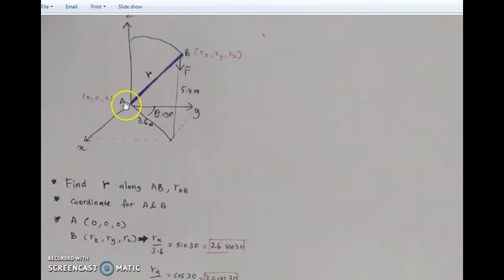What is the coordinate for Y? And then it meets here, the point, and going up to define the coordinate of B, which is Rz.